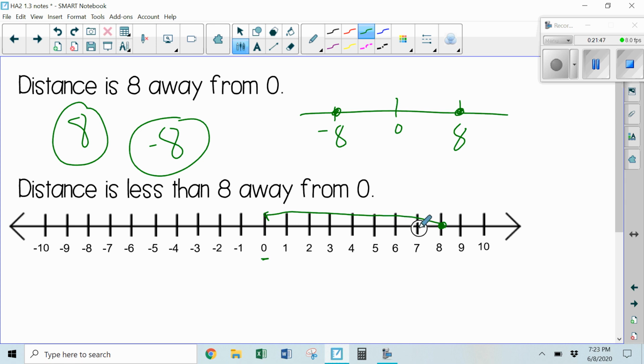I also, on the other side, have 8 in the negative direction. That's also 8 away from 0, and all of these numbers are less than 8 away from 0. So if I'm over here at 8, this would be x is less than 8, and this is x is bigger than -8.